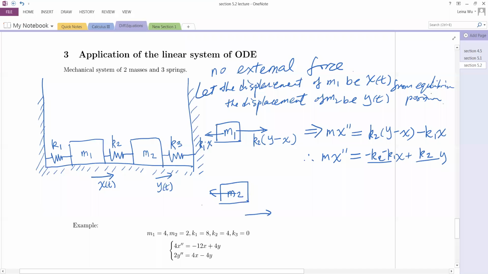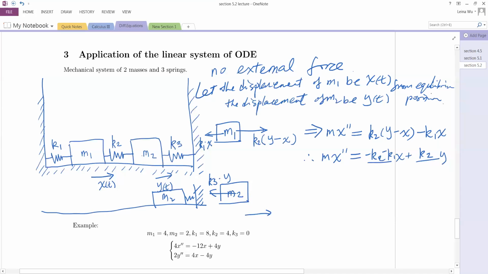M2 would move to here, and this is the wall. So the third spring is compressed, therefore it has a force on M2 pointing to the left. This force will be K3, the spring constant, times how much it has been compressed. How much has it been compressed, folks? y. Good.